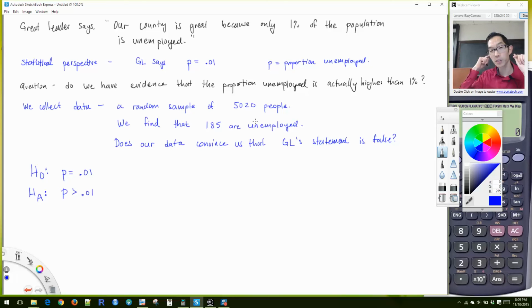We would expect to see 50.2 people to be unemployed. Does that make sense? Okay. So if the null hypothesis were true, we expect 5020 times 0.01, 50.2 people to be unemployed.